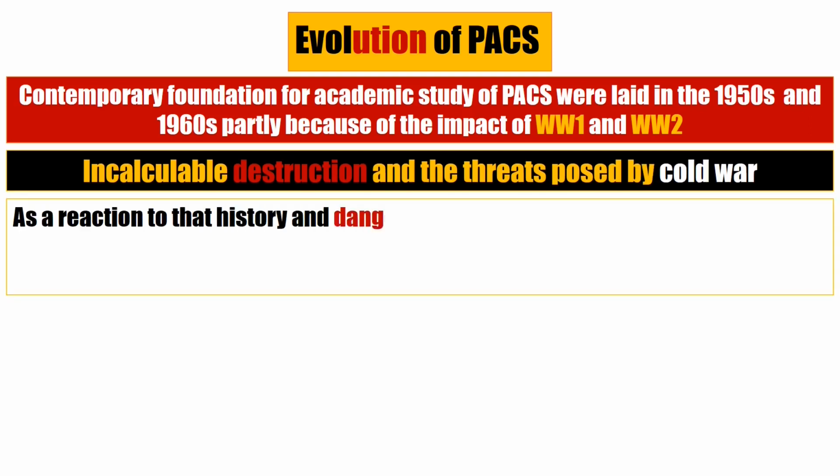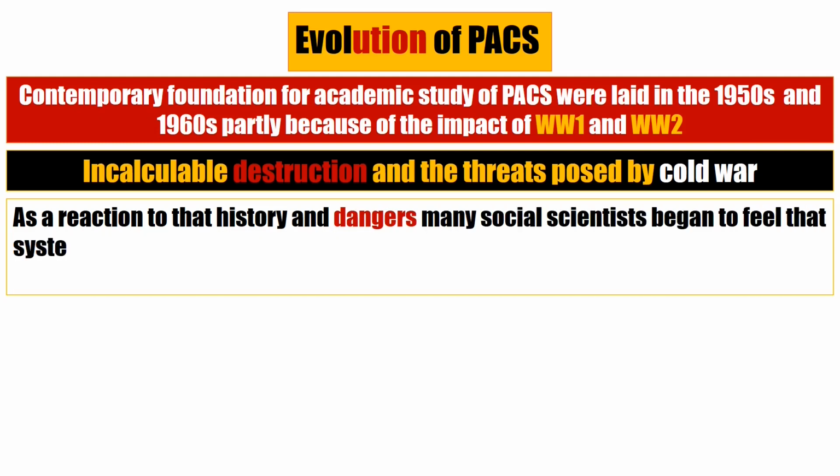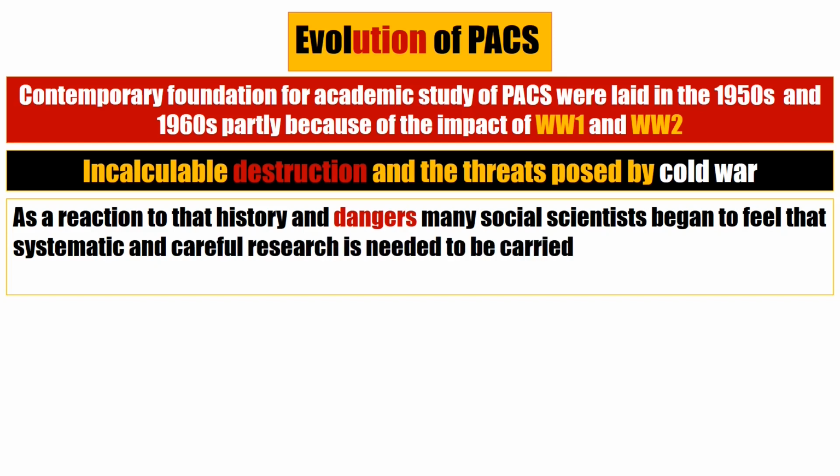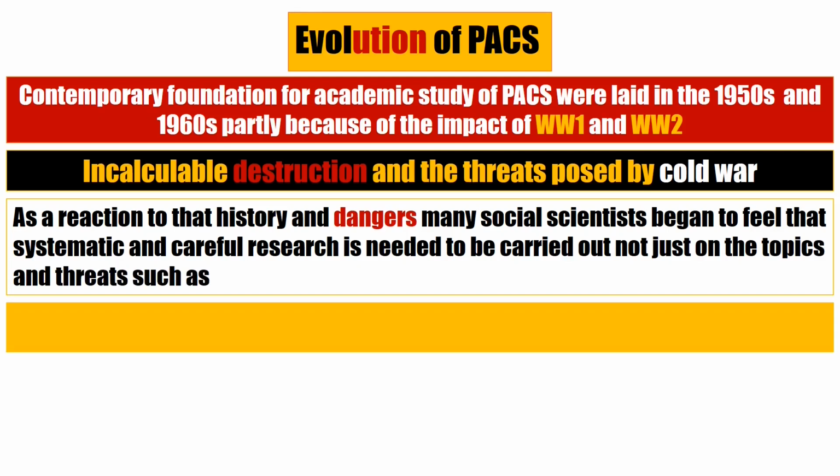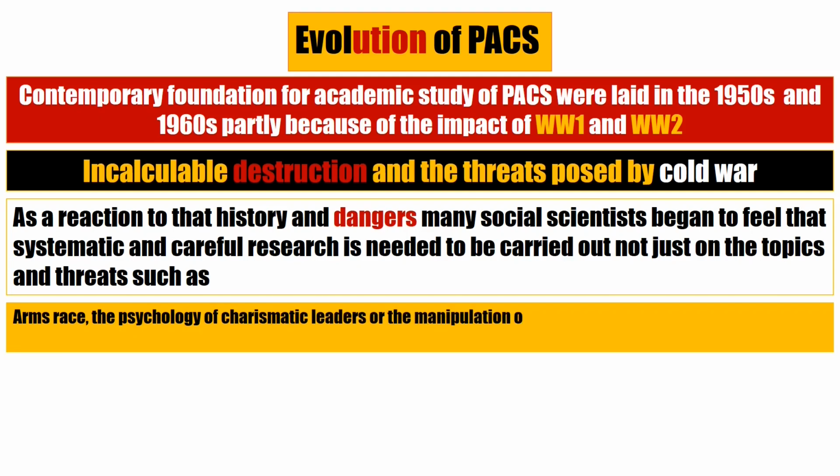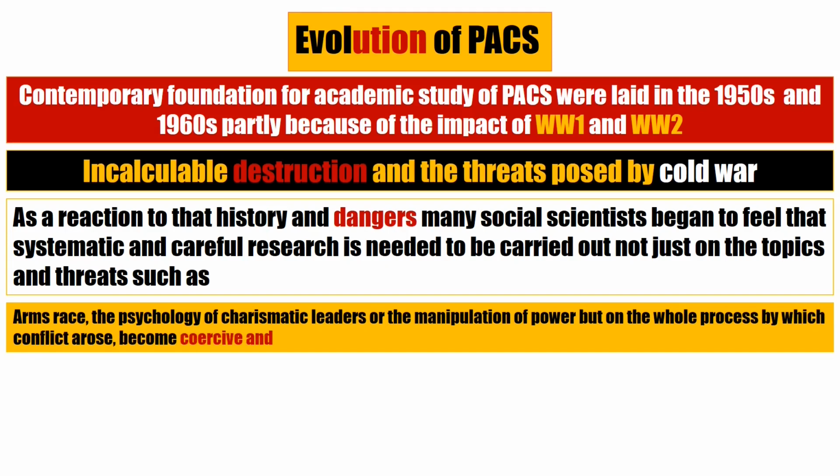As a reaction to that history and dangers, many social scientists began to feel that systematic and careful research needed to be carried out not just on the topics and threats such as arms race, the psychology of charismatic leaders, or the manipulation of power, but on the whole process by which conflict arose, became coercive and destructive, or might be resolved without resort to violence.